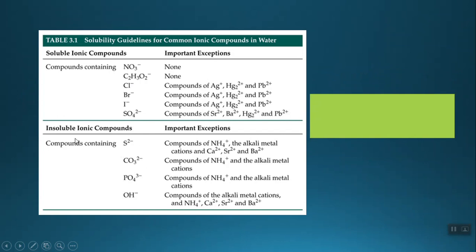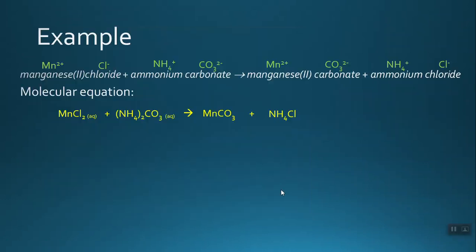All carbonates are insoluble except for compounds of ammonium and the alkali metal cations, and manganese is not one of those. Therefore, manganese 2 carbonate is our insoluble compound, so we show our precipitate as a solid. Next to the manganese 2 carbonate, we write the solid symbol. And ammonium chloride is soluble, so we write aqueous for that.